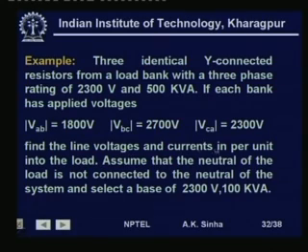Find the line voltages and currents in per unit into the load. Assume that the neutral of the load is not connected to the neutral of the system and select a base of 2300 volt 100 kVA. So, this is what we have, that is, we are using a base of 2300 volt 100 kVA, whereas the load values are given on a 500 kVA base and 2300 volts.